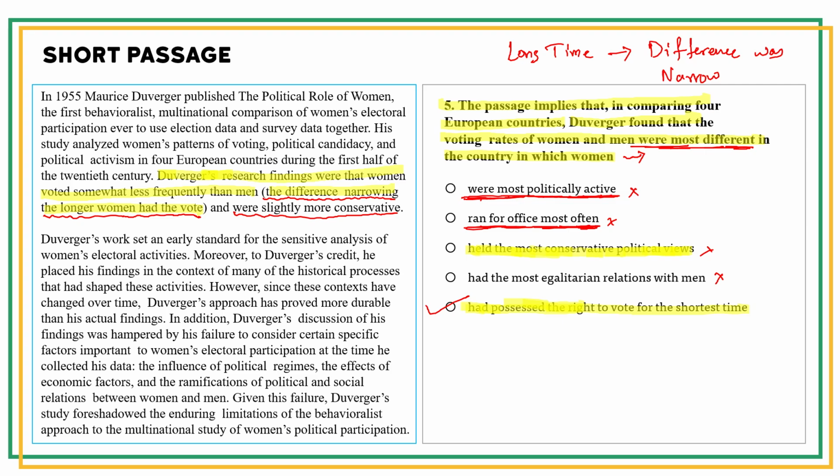And the difference would narrow as time passes, because the more time since they got the right to vote, the narrower would be the difference. Okay, so yeah, option E is correct.